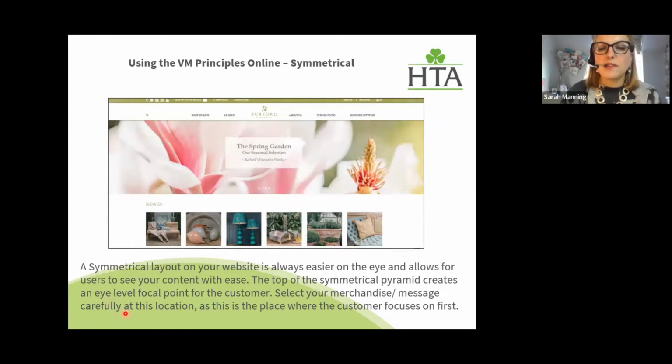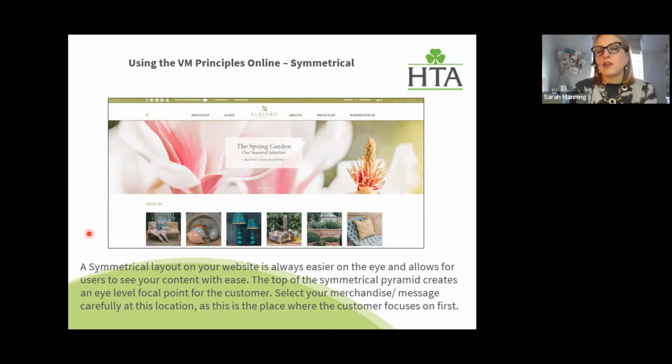So our first one is going to be looking at symmetrical. That was probably one of our most popular principles that we talked about on our practical classes, where we were looking at the live concept of symmetrical and how it works.